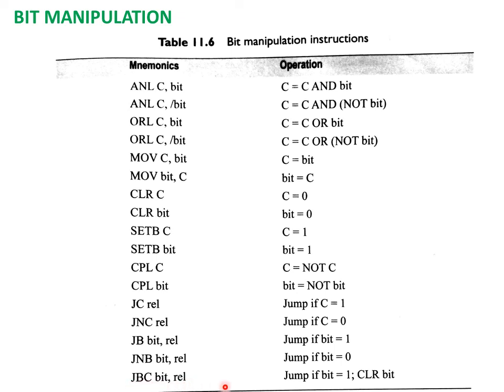Not a single condition: first it verifies whether the bit equals 1 or not, then clears that bit. Clear that bit is nothing but CLR bit, now the bit is set to 0. Two operations are executed with a single instruction. Like that, bit manipulation instructions are executed.